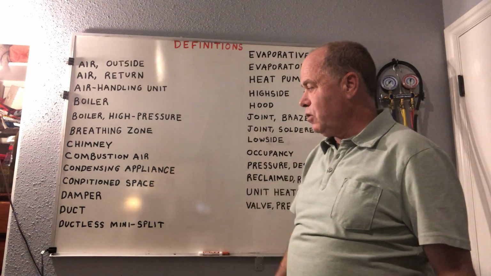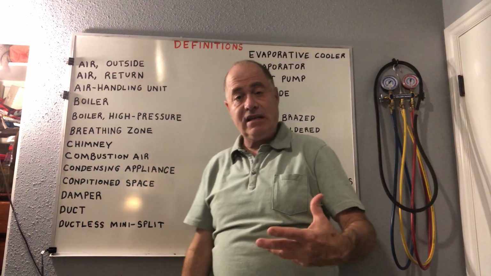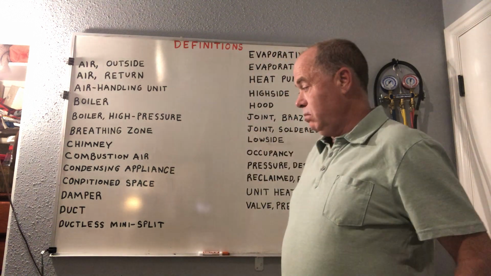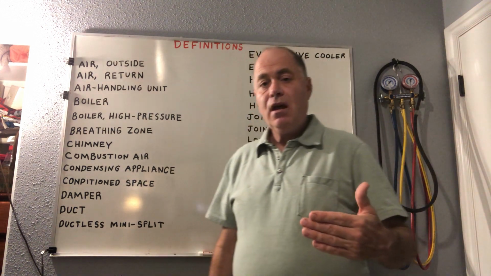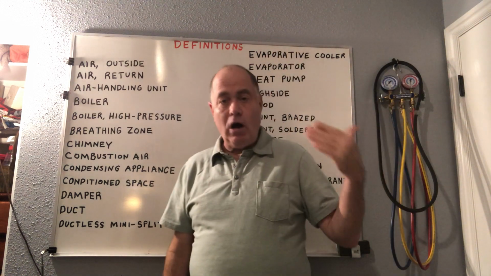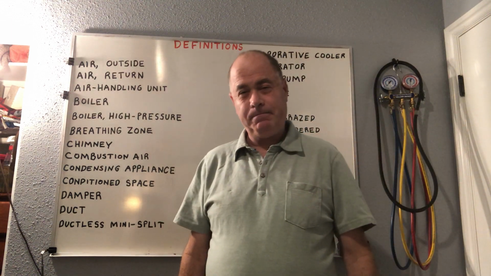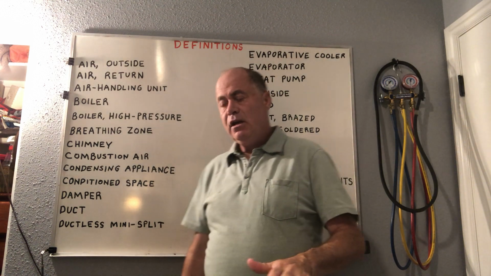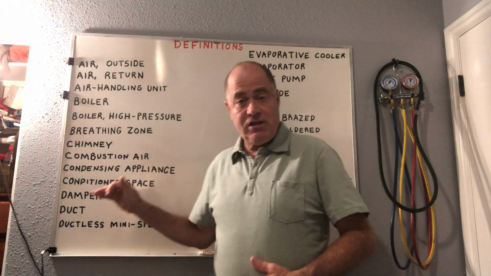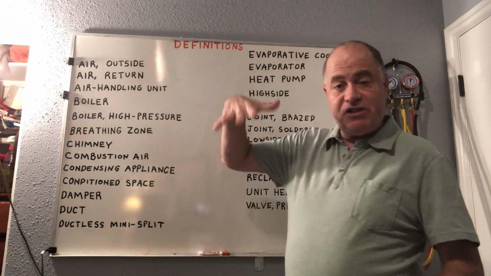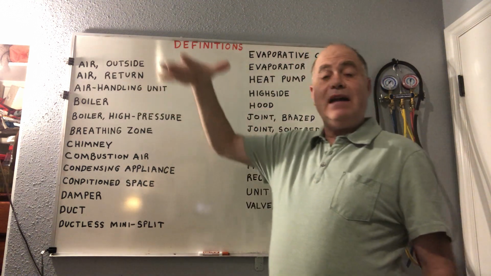Now, we're going to condensing appliance. What is a condensing appliance? Well, it's a heating appliance that is going to condense the water vapors out of the products of combustion. Okay, so these are high efficiency furnaces, 95% furnaces and above.